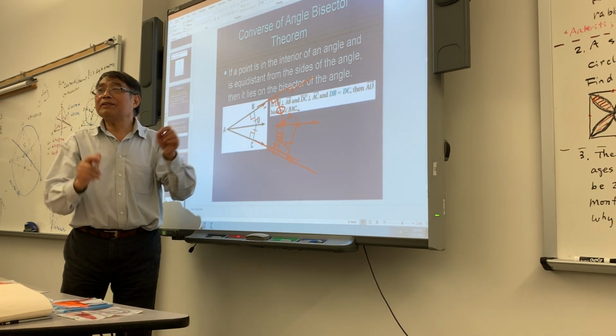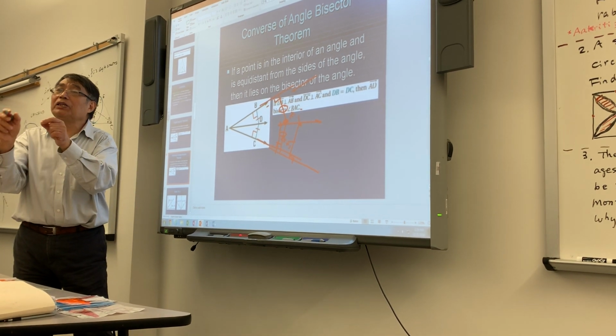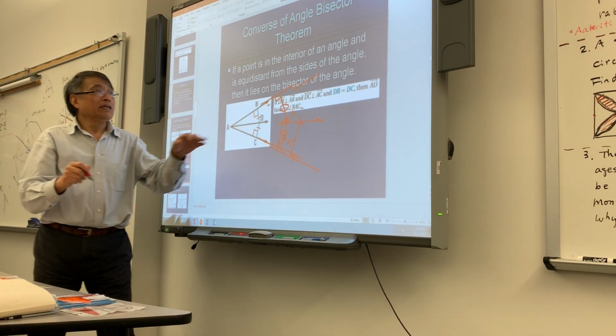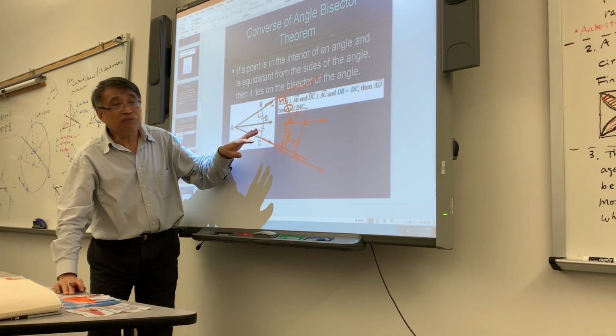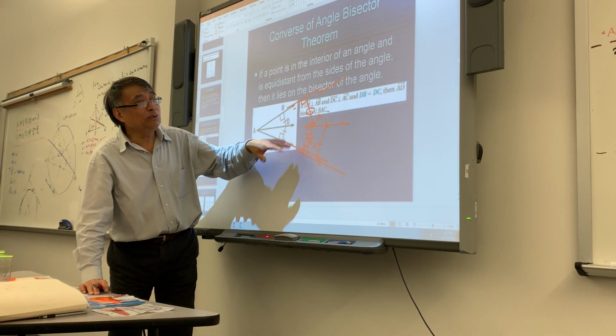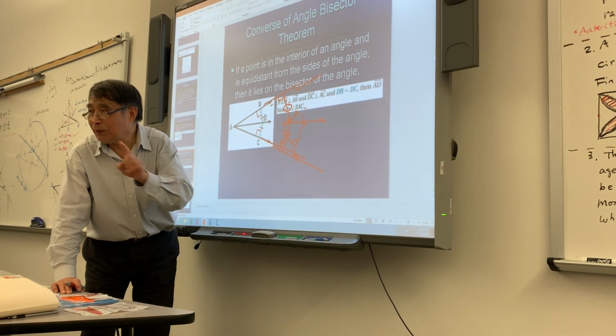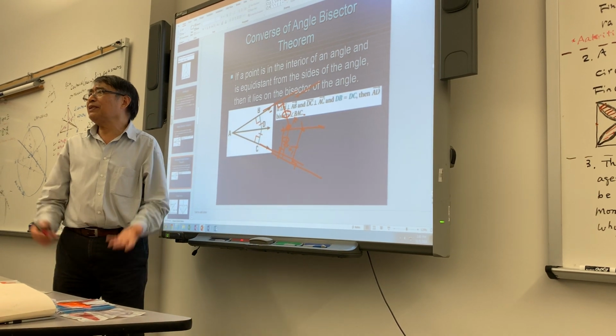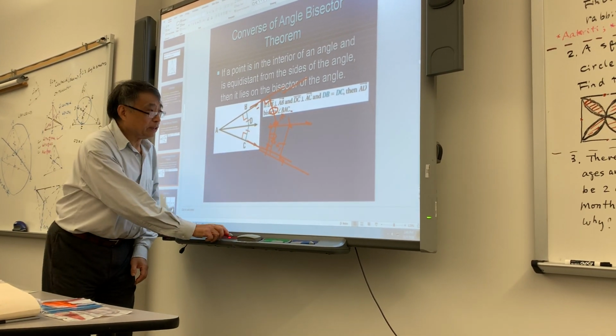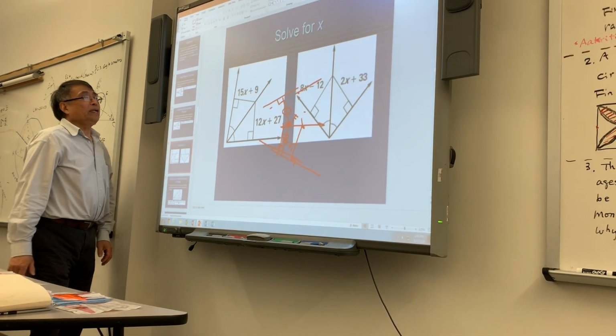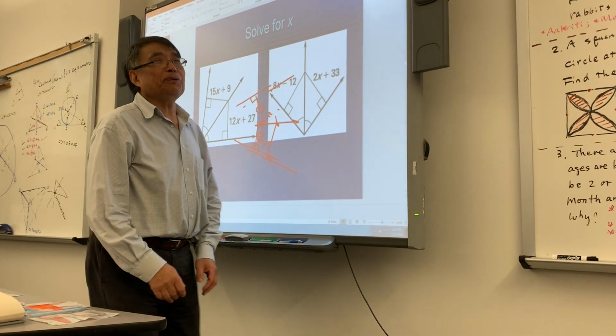The theorem told us any point on the angle bisector is equidistant to two sides. Converse: if a point is equidistant to two sides, that point is on the angle bisector. Exactly the same thing.